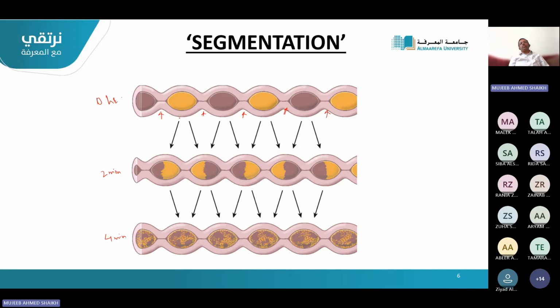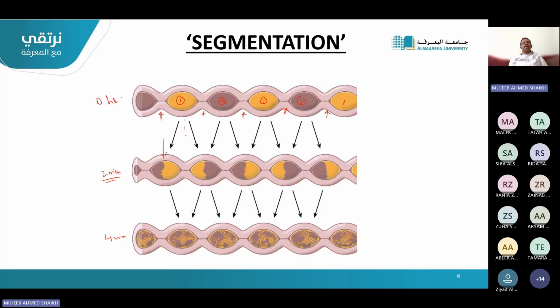To show how the food is mixing, the diagram shows different colors. Let's say this is segment number one, yellow food. In segment number two, it's a purple or brownish food. After 2 minutes, instead of contraction here, now the relaxation phase occurs.